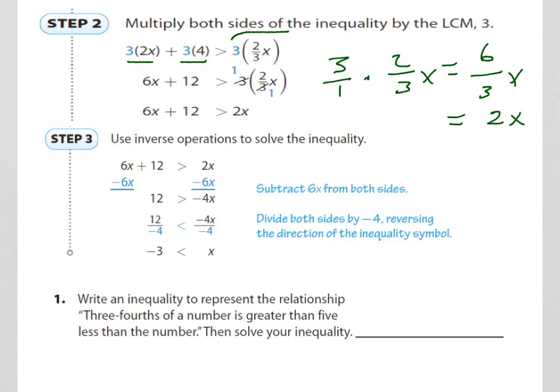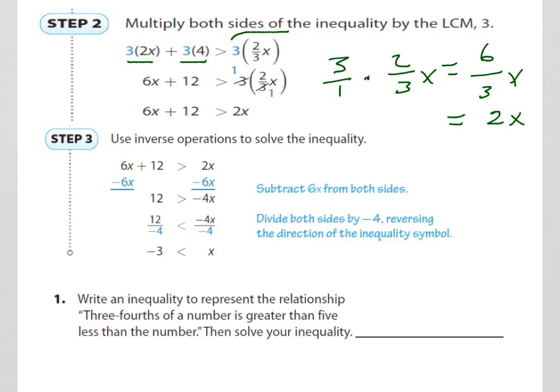I'll show you what that looks like here in a minute to see that you're going to get the exact same answer. But anyway, here we're going to subtract 6x to bring it on the side with the other variable term, and then you're going to get 12 is greater than negative 4x. Notice you're going to divide by the coefficient, negative 4.